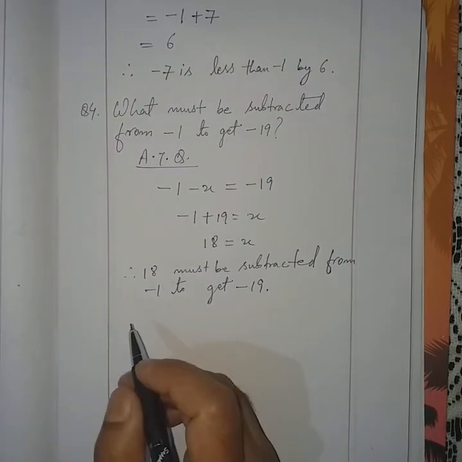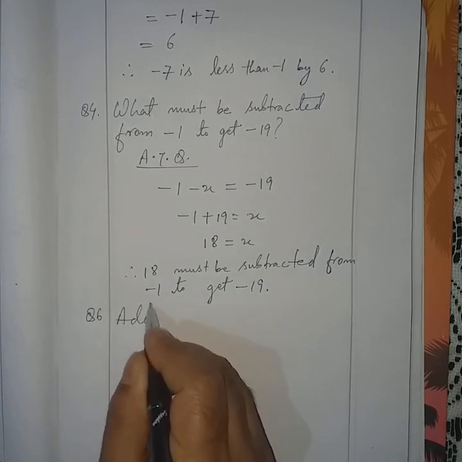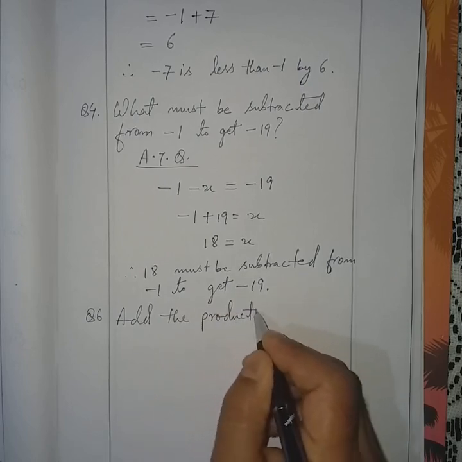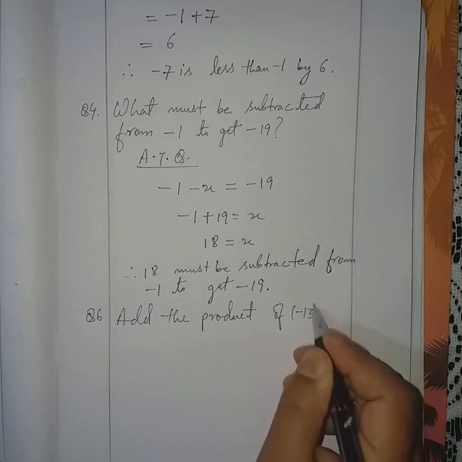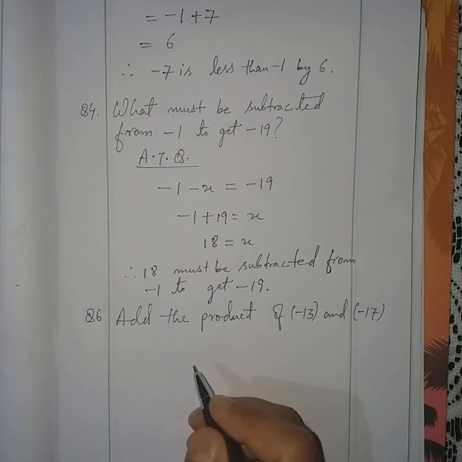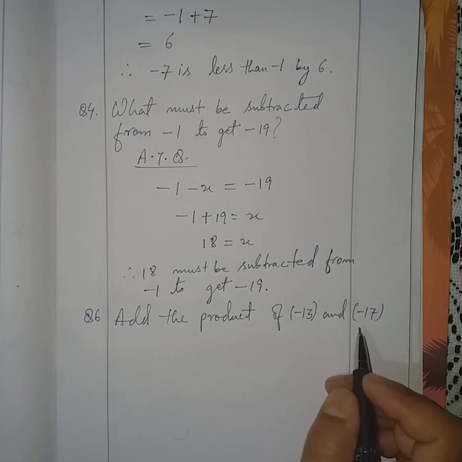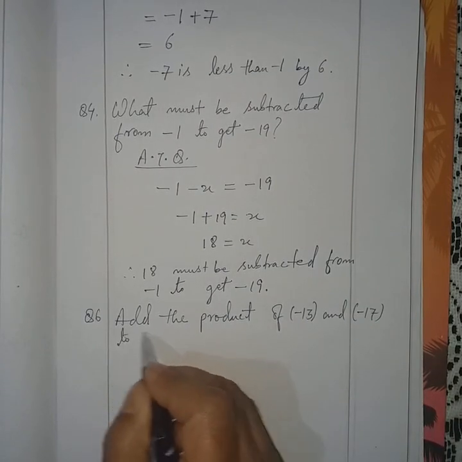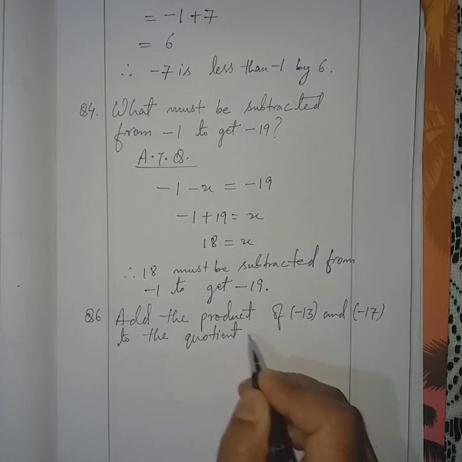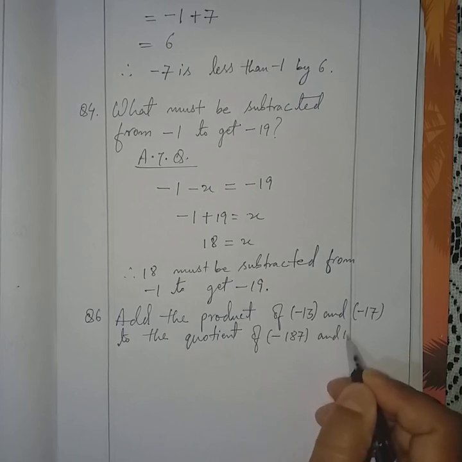Now question number 6. Add the product of minus 13 and minus 17 to the quotient of minus 187 and 11.